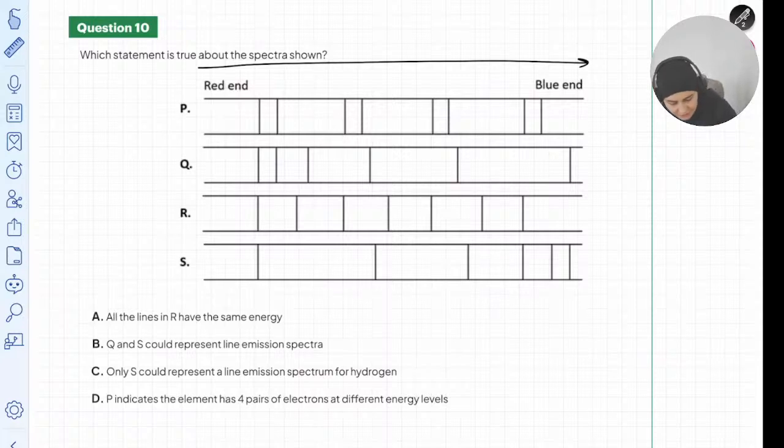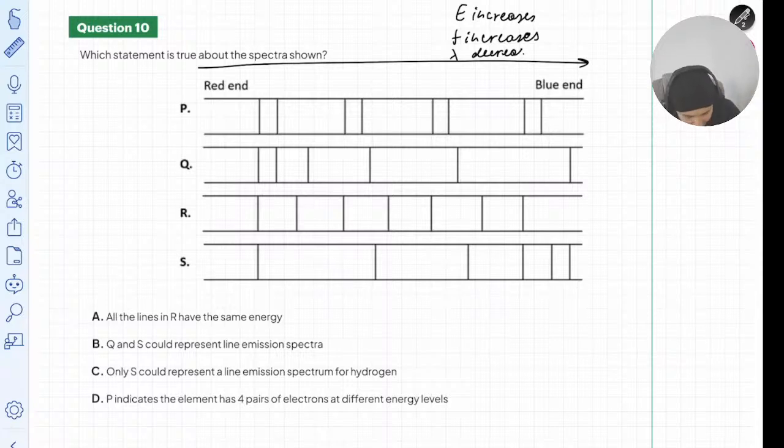So energy increases towards the blue. Then also frequency increases that same way, and the wavelength would decrease, right? Sorry, blue light has higher energy, a shorter wavelength.